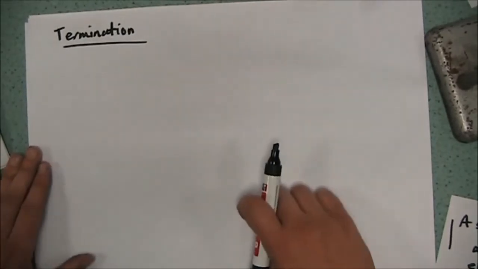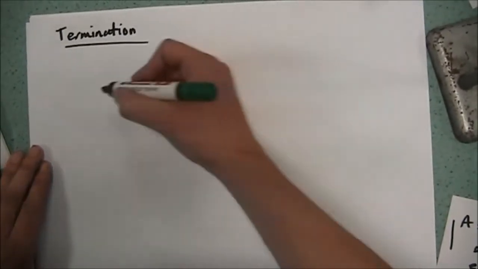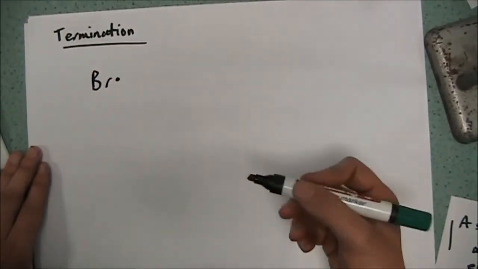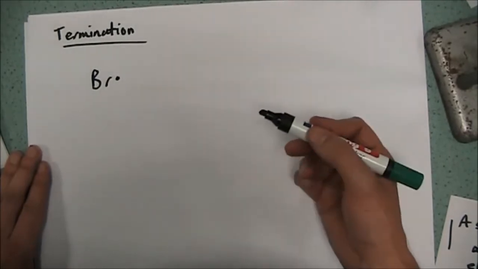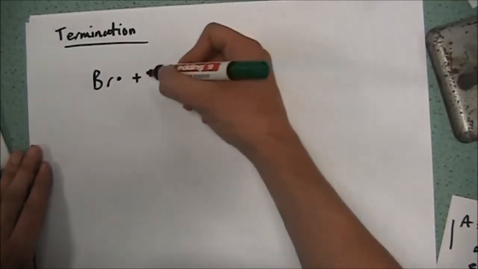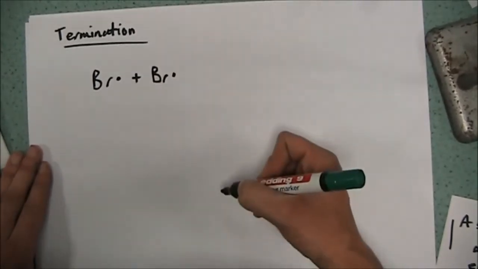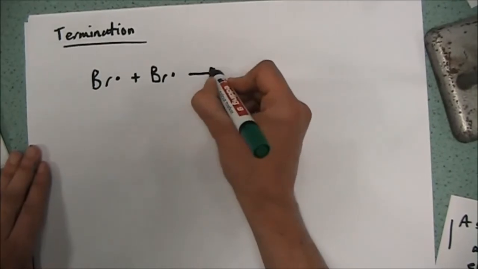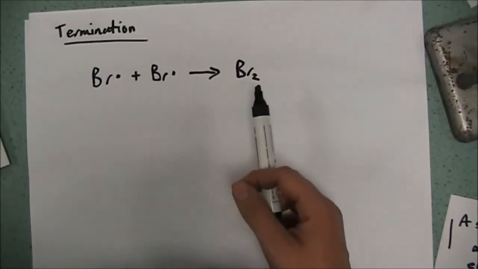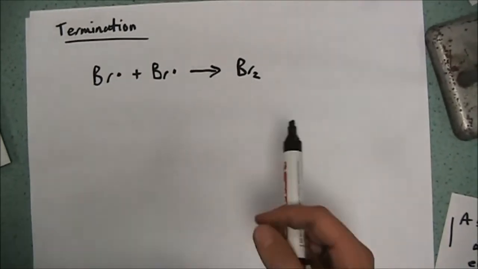And the last step is called termination. Termination is where we take finally our radical and we react it with something else so that it stops being a radical. Well, what will that be? It could be a number of things. It could come across another Br radical, and if those two come together, it will react to form Br2 again. And we might find that that goes back into the reaction mixture, and we can use that to make more of our product.